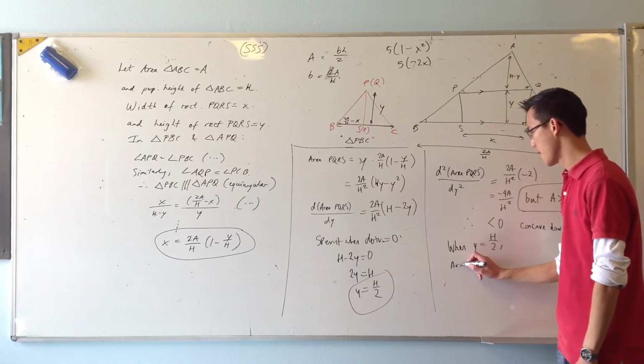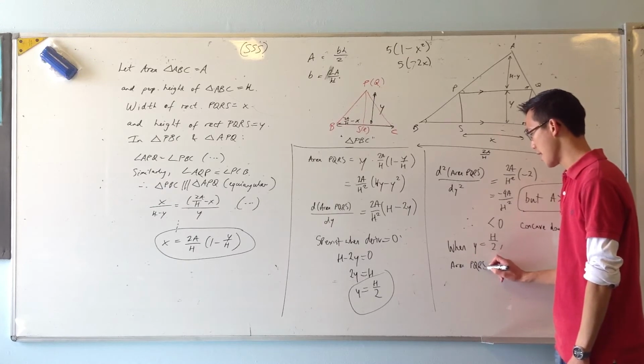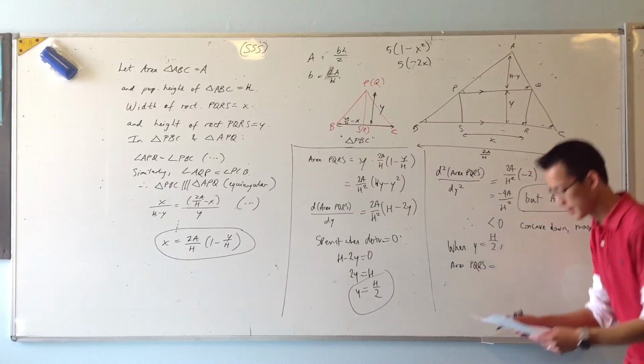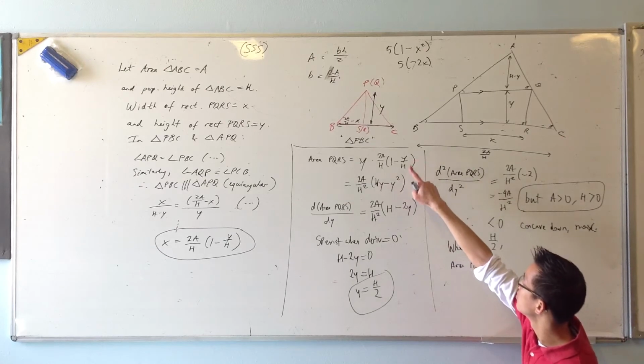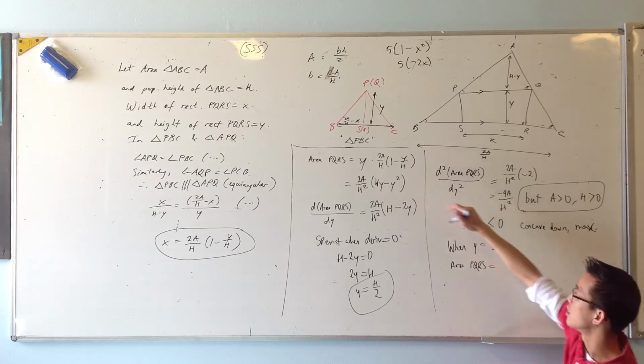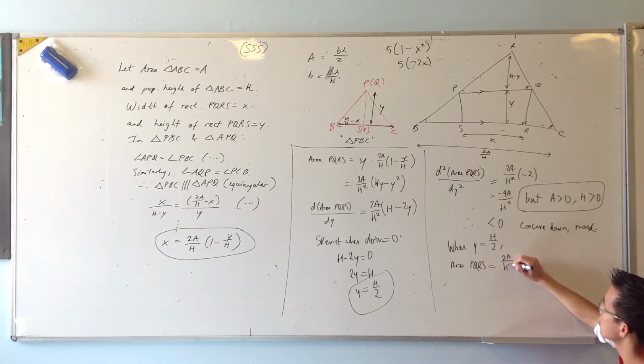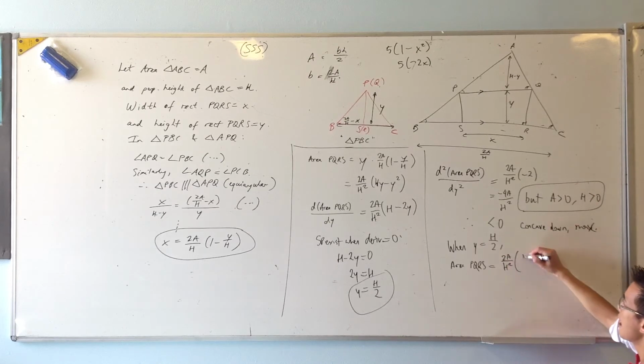The area of PQRS, that rectangle, works out to be, here's my area function, 2a on h squared outside of h squared on 2 minus h squared on 4.